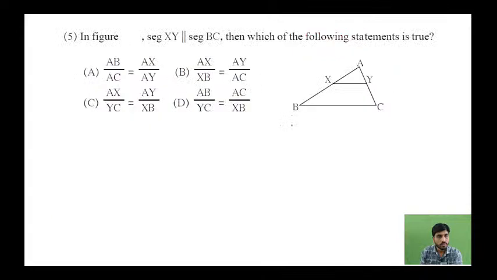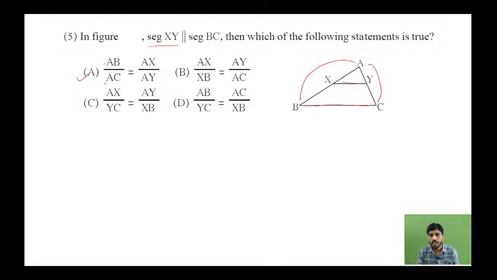In the next question, in the figure, segment XY is parallel to BC. So XY and BC are parallel. Then which of the following statements is true? So the first statement is AB upon AC.